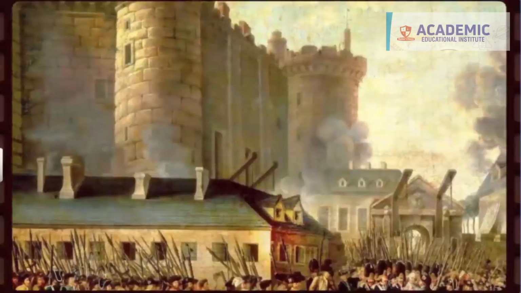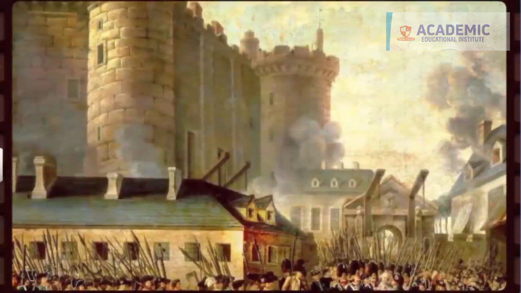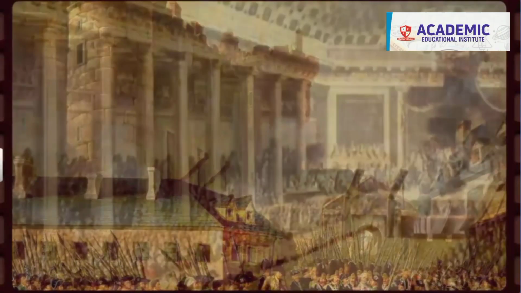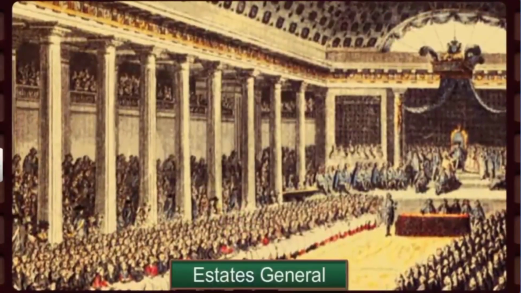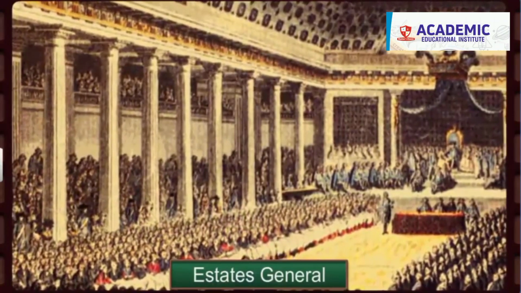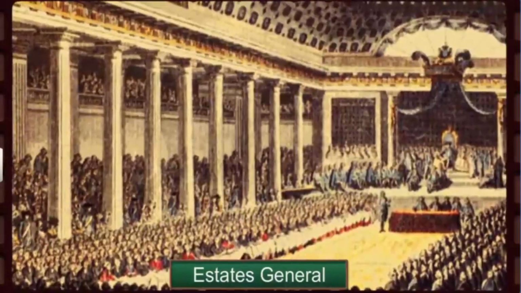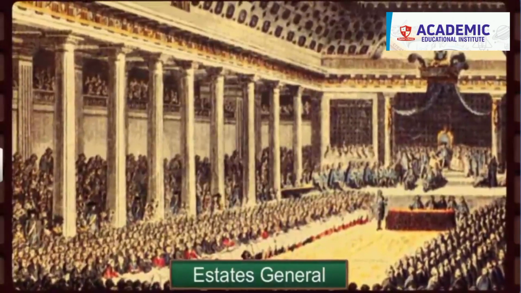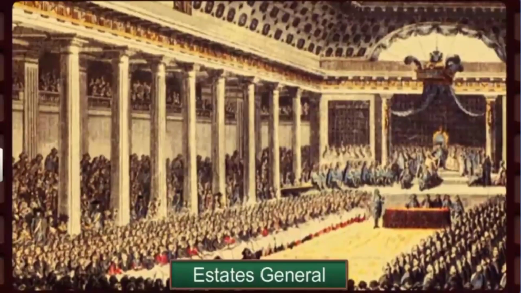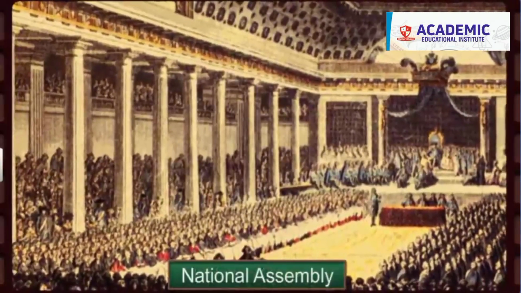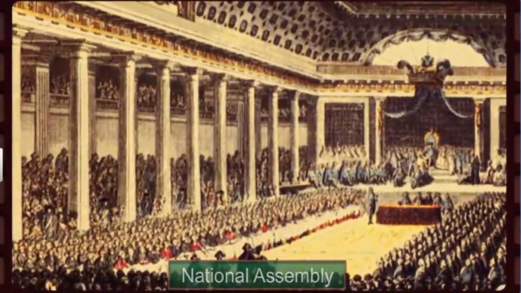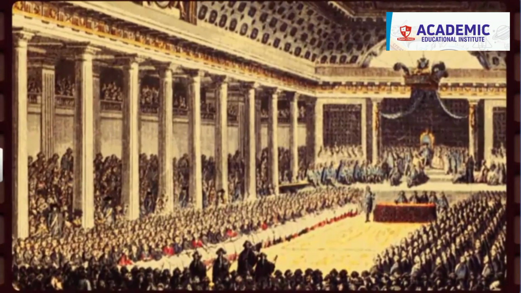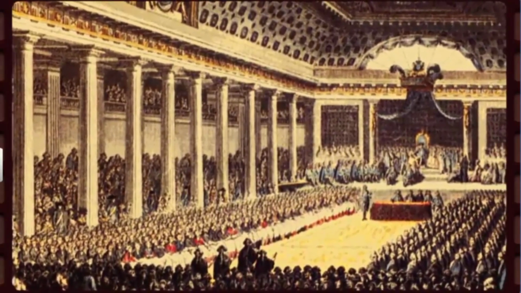The French Revolution had its impact on the administration as well. A body of active citizens, or the citizens who were allowed to vote because they paid taxes, elected the Estates General and renamed it the National Assembly. A centralized administrative system was created.